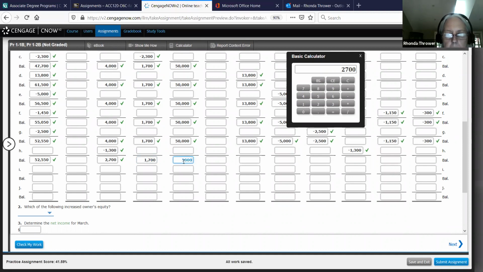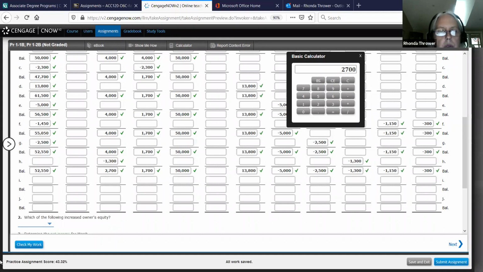Bring down your balances. Then we'll move on to the next transaction.